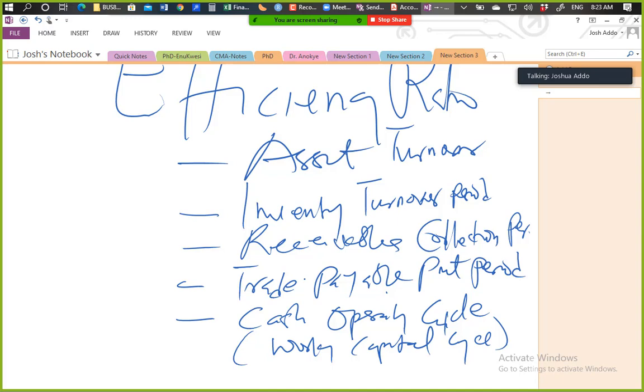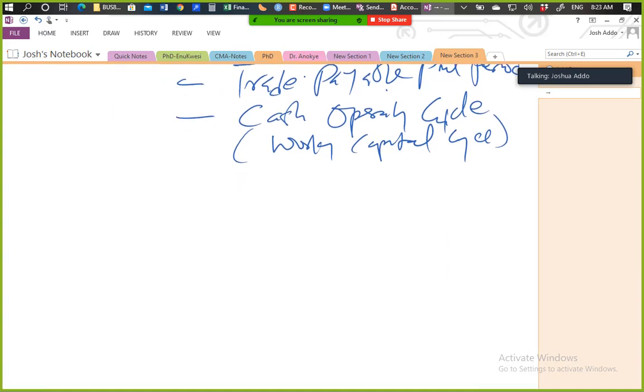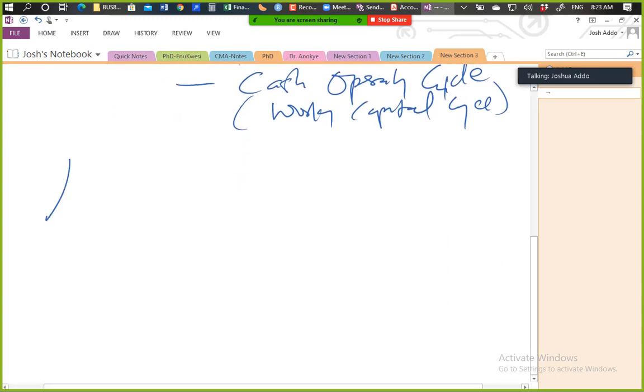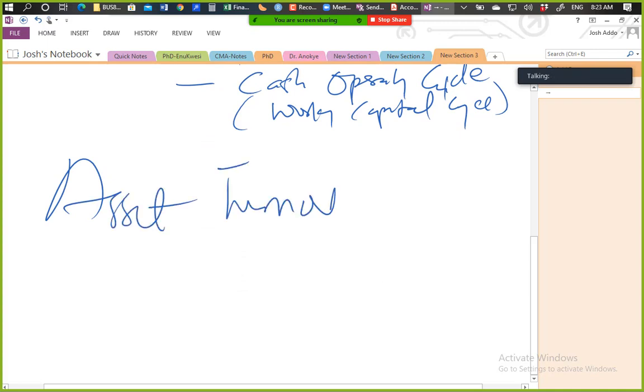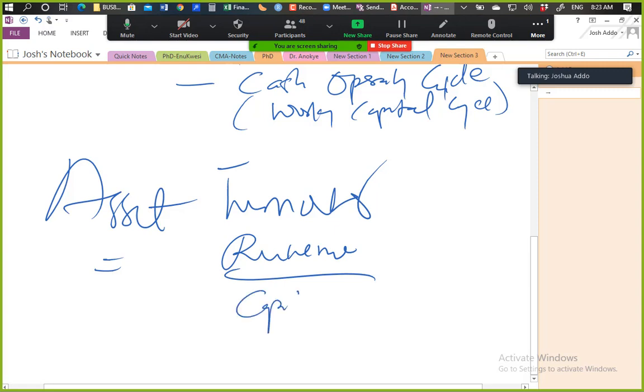We have already done the asset turnover, but for the sake of teaching, let me repeat it. Asset turnover is equal to revenue divided by capital employed.